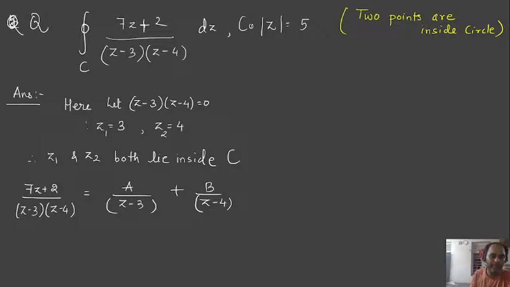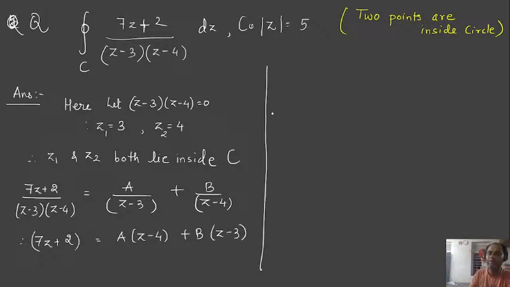So 7z plus 2 is equal to a times (z minus 4) plus b times (z minus 3). We now put arbitrary values, but a smart value. So we put z equal to 4. We get 4 sevens are 28 plus 2, 30. 30 is equal to b times (4 minus 3), that is 1.